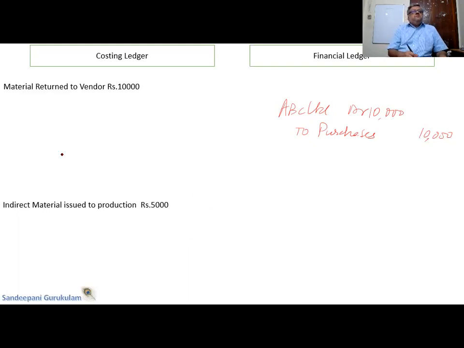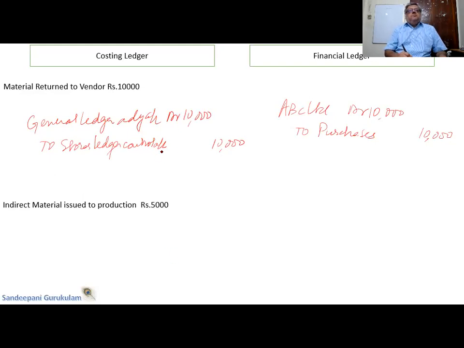Now how does this come here? The purchases, as I told you, is represented by stores ledger control account, 10,000. Now how to complete the double entry? Personal account is translated as general ledger adjustment account debit 10,000.